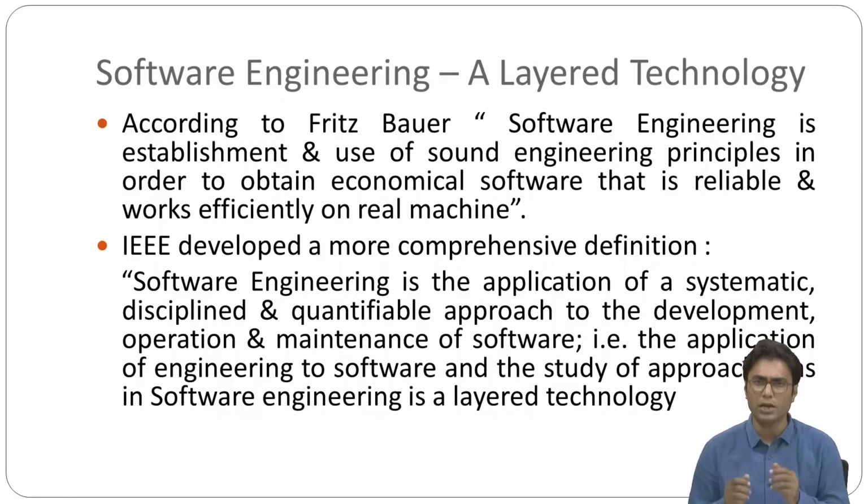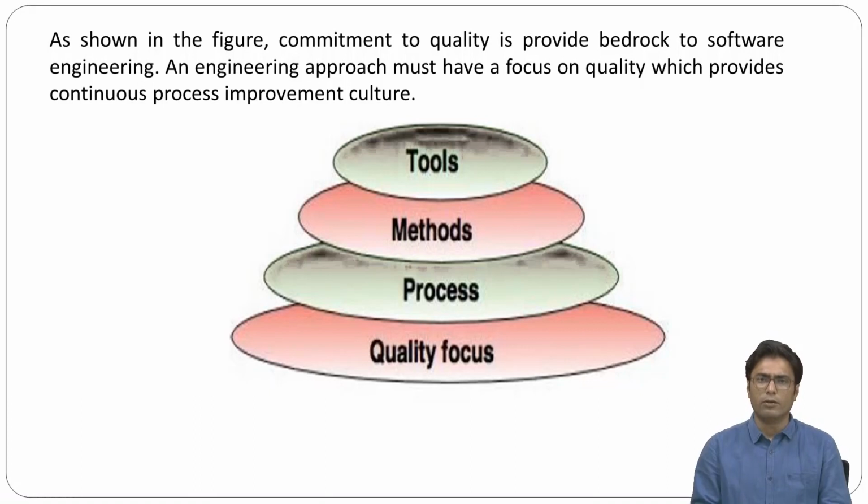For example, the application of engineering to software, and the study of approaches, as in software engineering, is a layered approach. So in the next slide, we can see the 4 layers of software engineering, where layer 1 is tools.